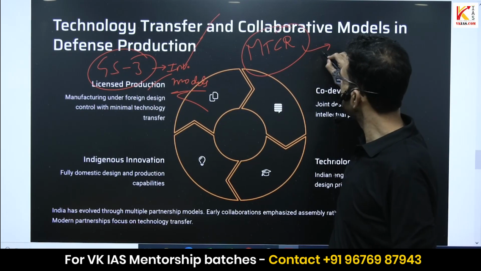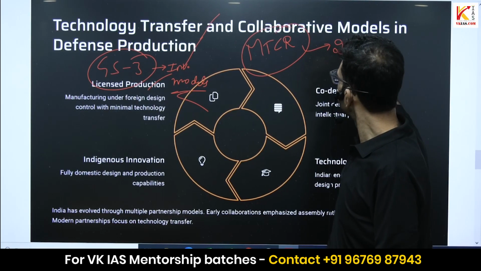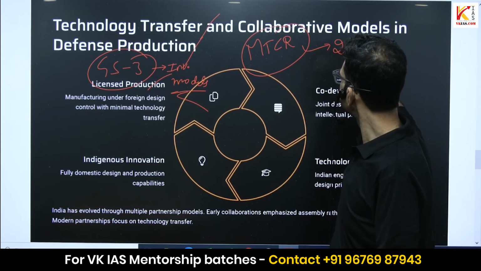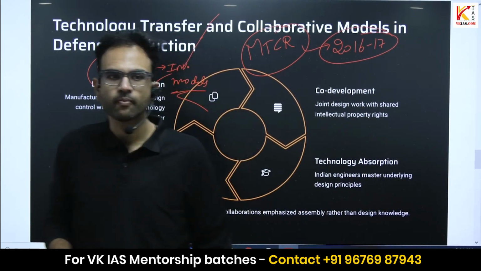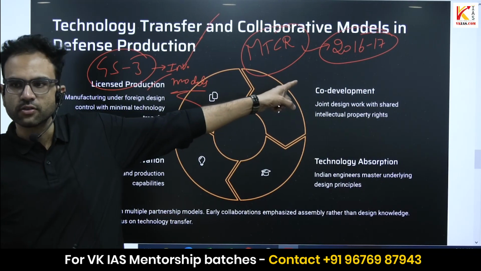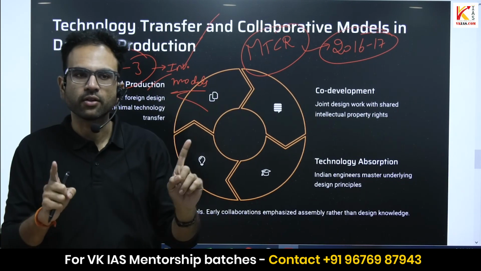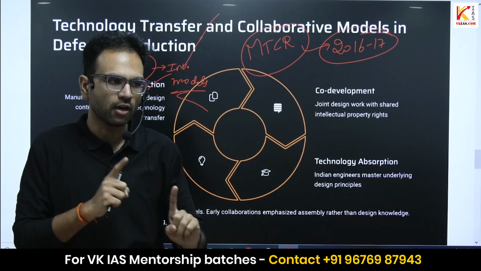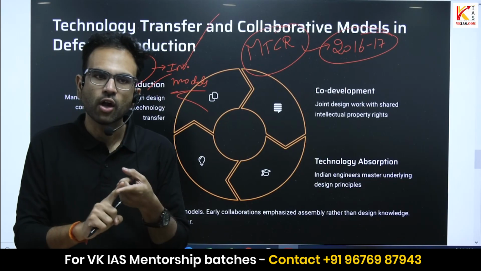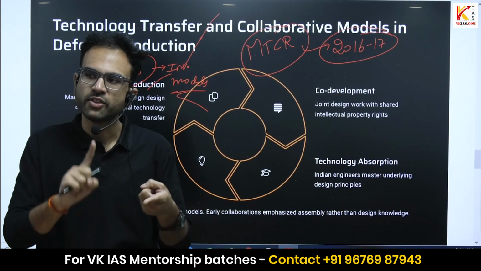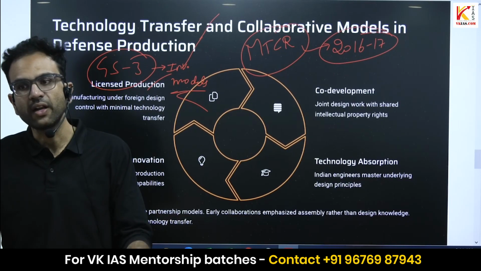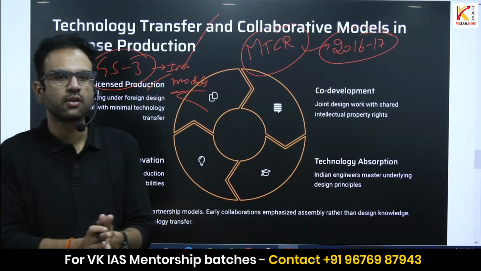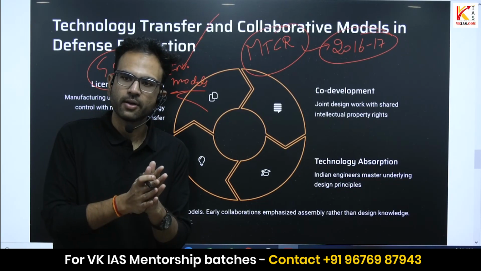This was in the news for almost 10, 20 years. Around 2016-17, this was a very big debate, MTCR. According to this, whoever is a part of that regime should not create a weapon which is beyond 300 kilometers range. So we restricted BrahMos to less than 300 kilometers range.